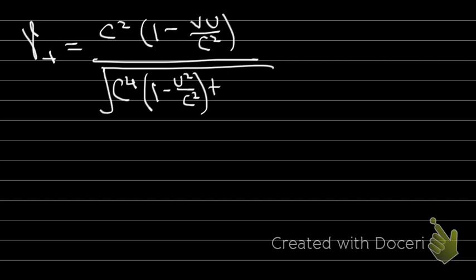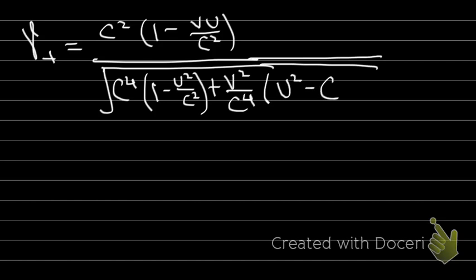And then of course I have another term that is plus v squared over c4, and let me write this but expand the square root, because it's over all of this term. And then of course I have in brackets u squared minus c squared.